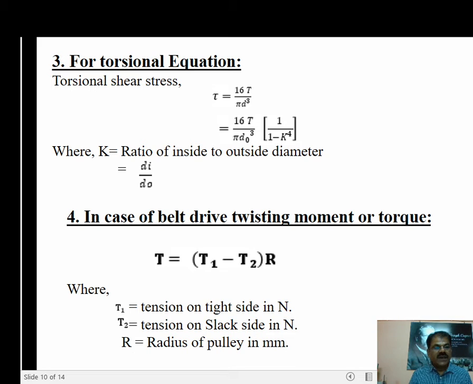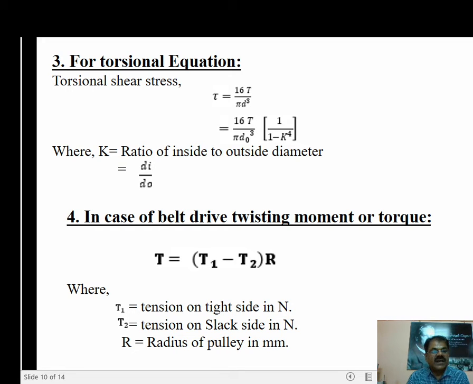Then coming to the torsional equation. What is the torsional shear stress? Tau is equal to 16T divided by pi d cube.